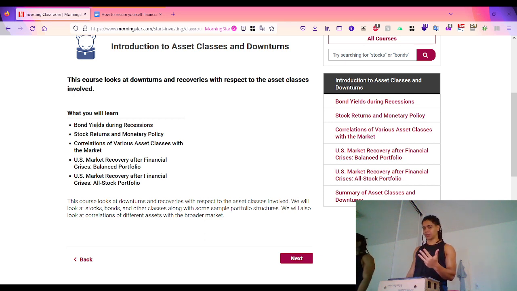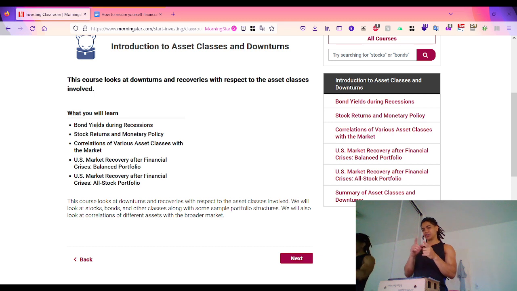The U.S. market recovery after financial crisis with a balanced portfolio, and the U.S. market recovery after financial crisis with an all stock portfolio.